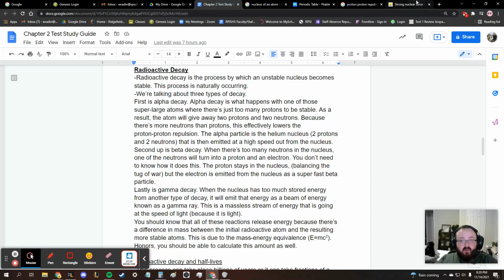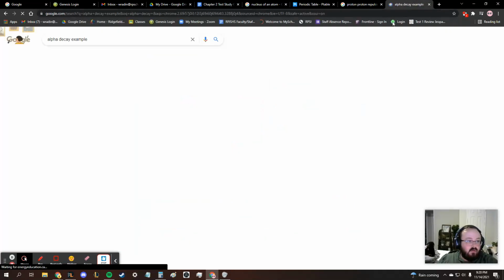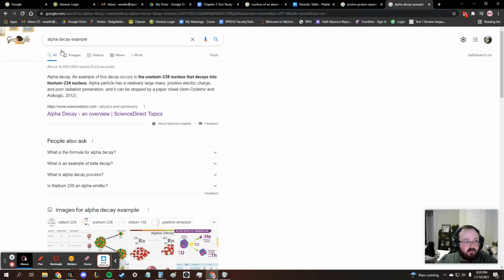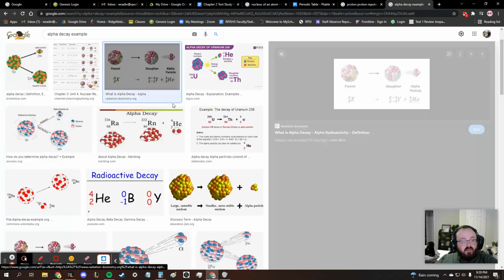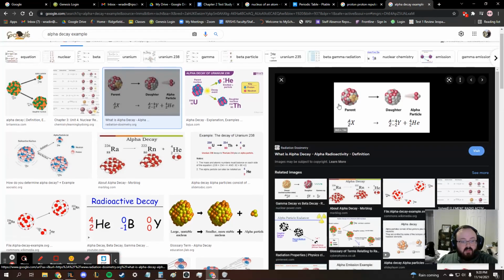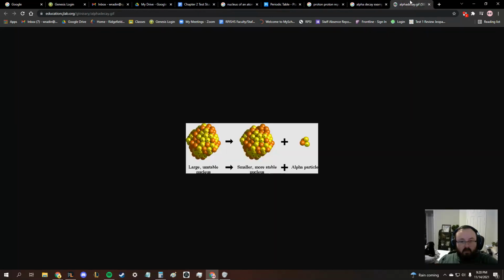First type of decay, we have alpha decay. Basically, alpha decay happens when you have this super big particle. Big nucleus, unstable, too many protons.